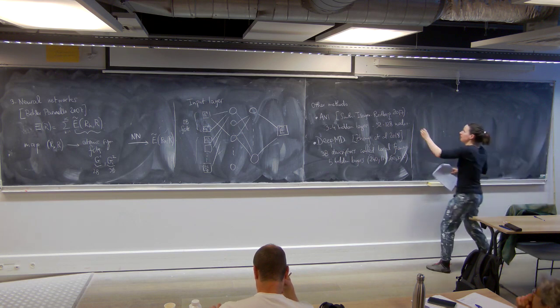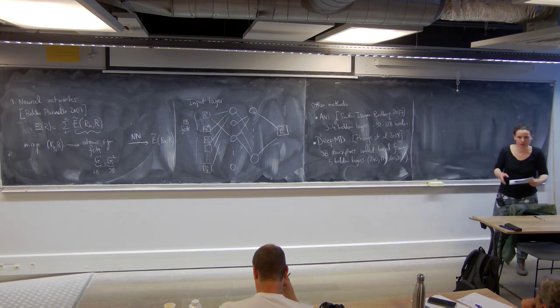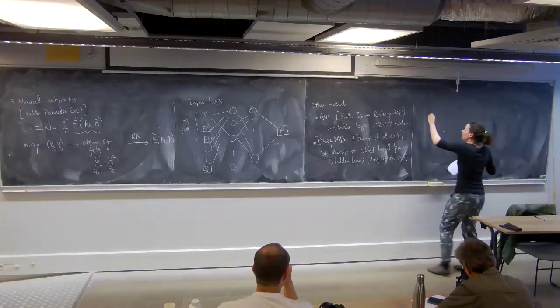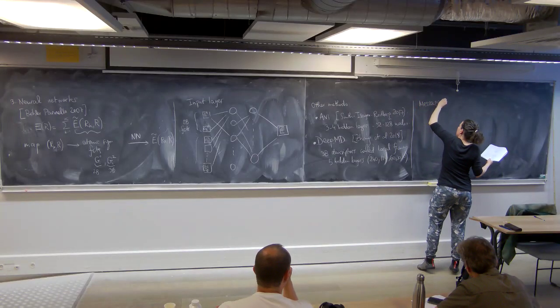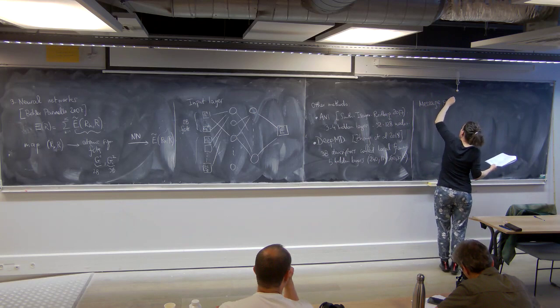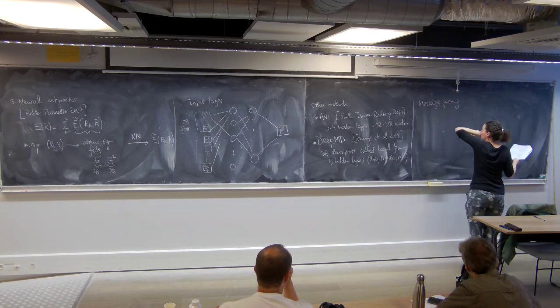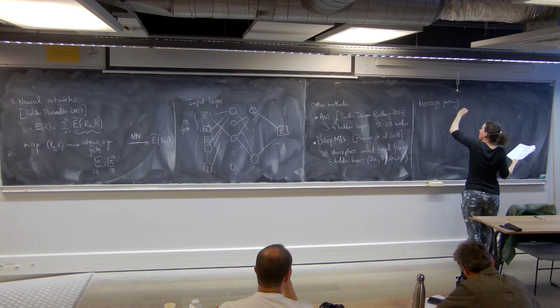Okay, so now I will try to explain message passing neural networks, in particular in the context of potential energy surfaces.